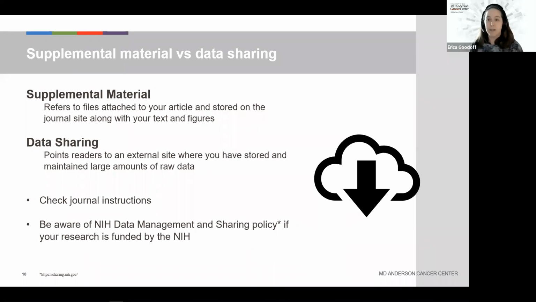But there's an article in The Right Stuff that I'll point you to in a second that has information about data sharing, and specifically the NIH policy on data sharing, which was updated I think last month. So if you want to review that information, that's available to you as well. But for the purposes of today, keep in mind data sharing and supplemental material are definitely not the same thing. So I just want to make that distinction.